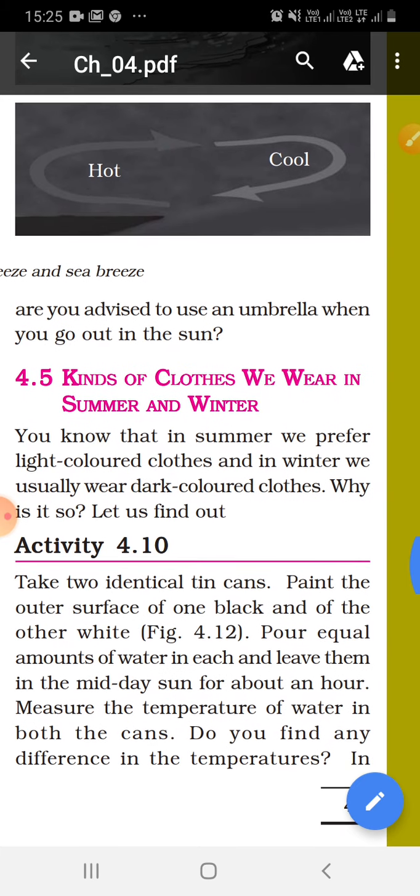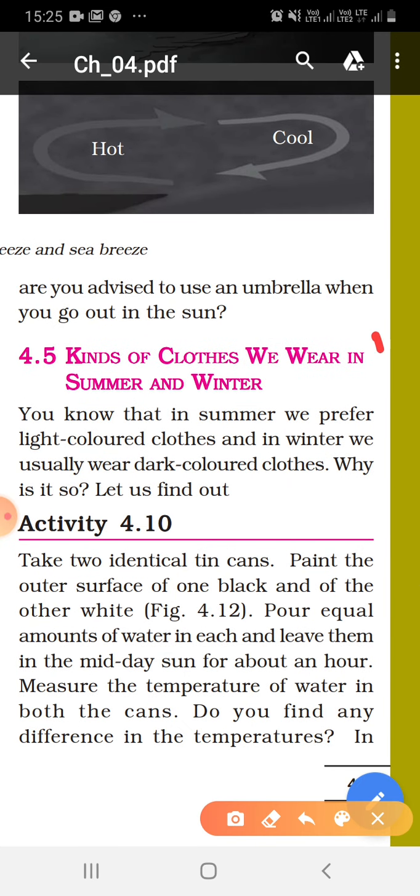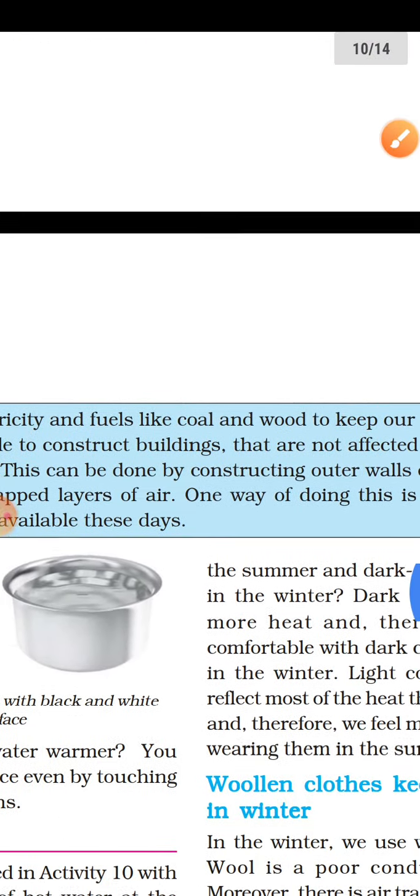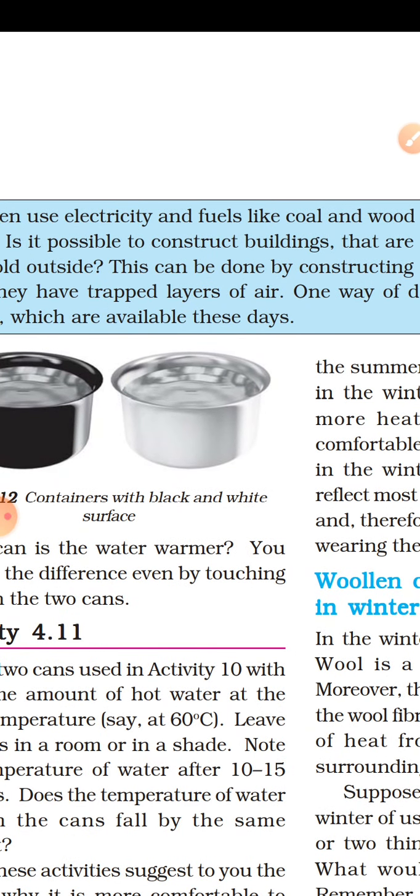Now the next topic is the kind of clothes we wear in summer and winter. In summer we prefer light colored clothes, and in winter we prefer dark colored clothes. Why? Why is there a need for such a thing?